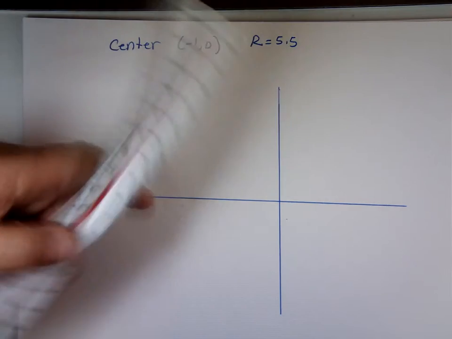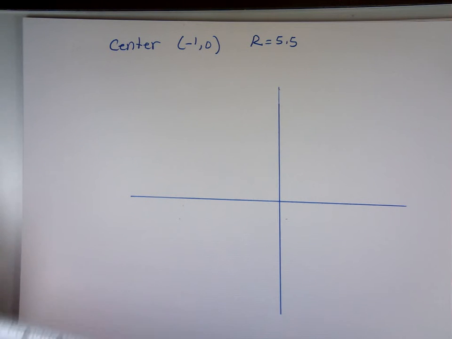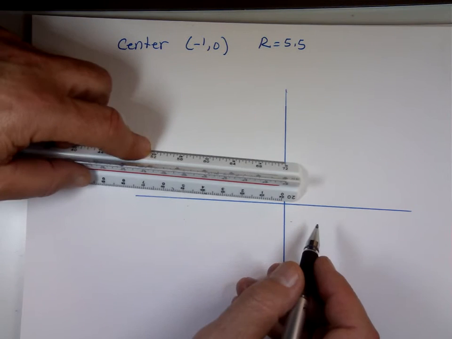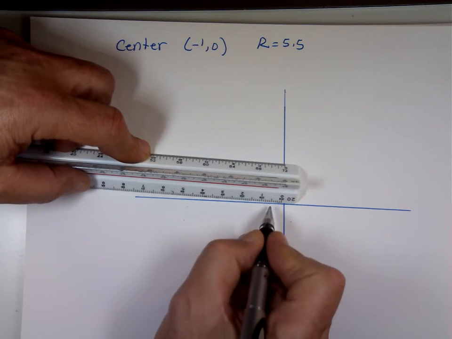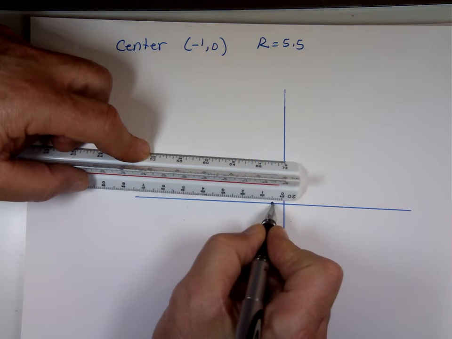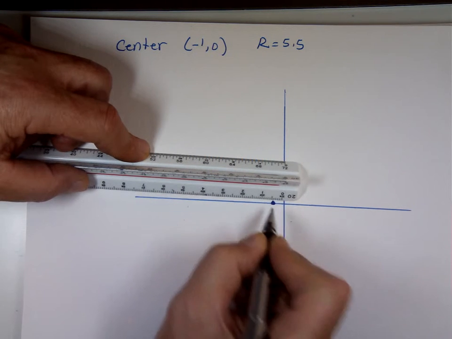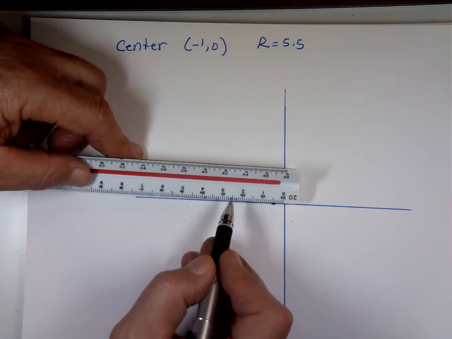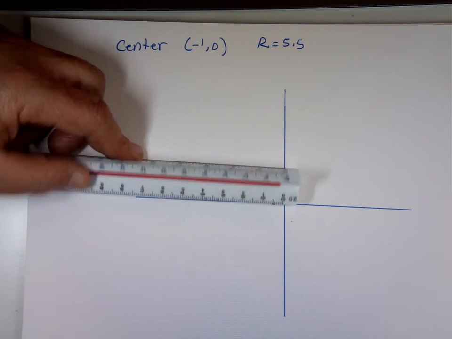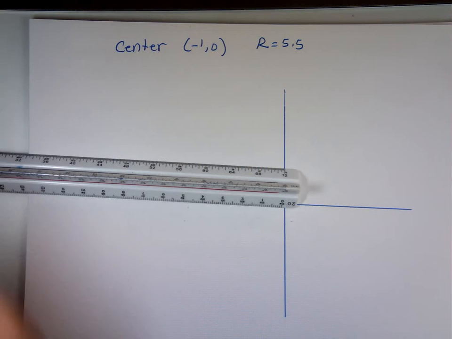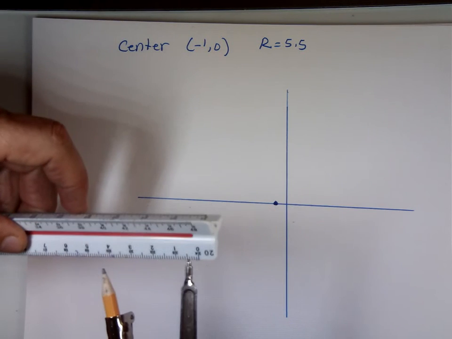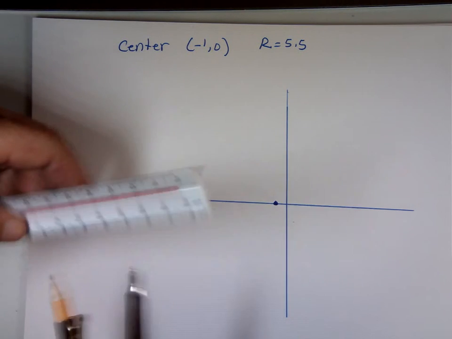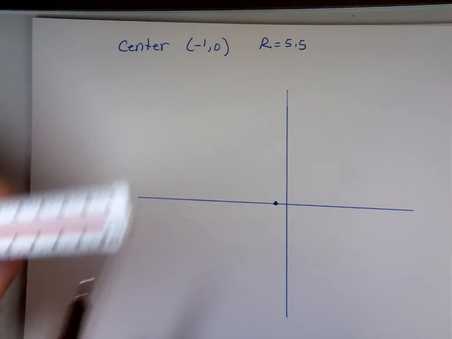Negative 1 comma 0. I think I might use smaller scale because otherwise, maybe I'll use half. Instead of full 1, I'll use half. Negative 1 comma, that's the center. So I'm going to use 1, 2, 3, 4, 5, 5.5, somewhere there. Otherwise, if I use the whole thing, well, I could have used the full thing actually. It'll be a big circle, but that's okay. So I'll stay with this one.